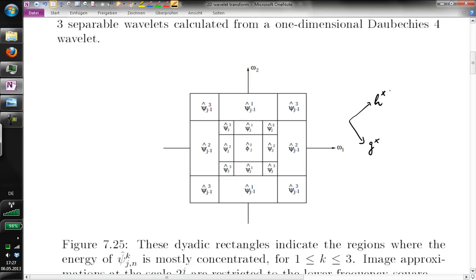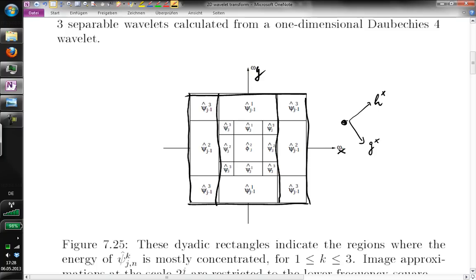Well, let's look first at the high-pass filter. At this point here, I have the entire image, or here in reciprocal space, I have this entire domain. Now, after using a high-pass filter and a low-pass filter, I get the following. Let's say this was direction X and this was direction Y. I get the high-pass result here. This is black. And I get the low-pass result there.